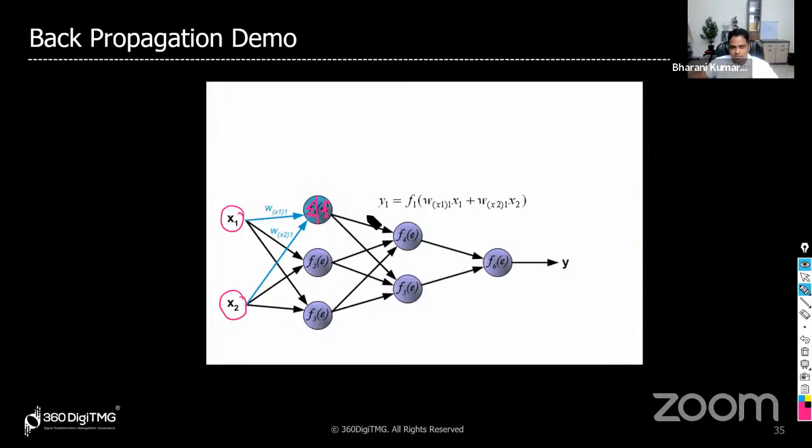Integration and activation. So W1 x1 plus W2 x2 would give you your summation integration. Then when you pass it through your activation, you get an output y1.